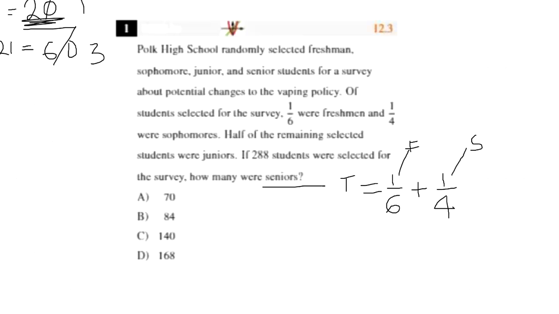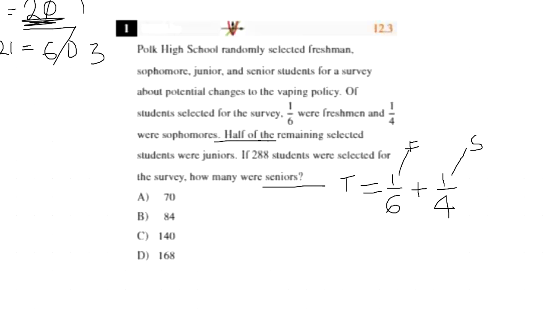And then this is where it becomes very critical. Now, at this point, if you fail to decode the information here, then you are getting the question wrong. It said half of the remaining selected students were juniors. Half of the remaining.